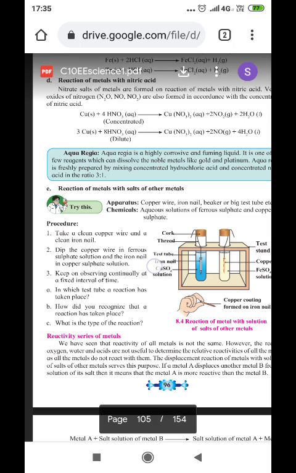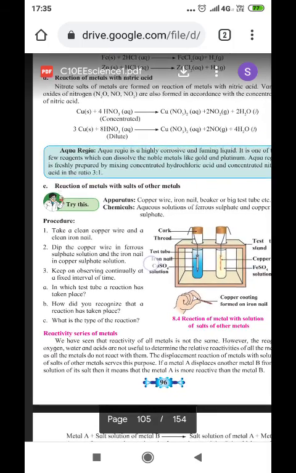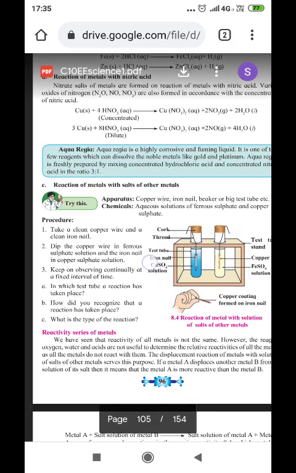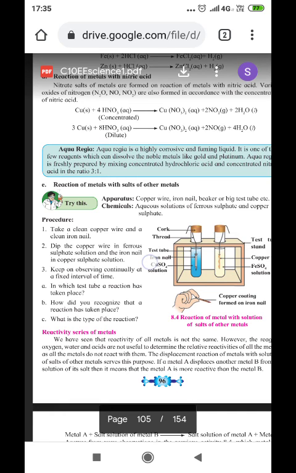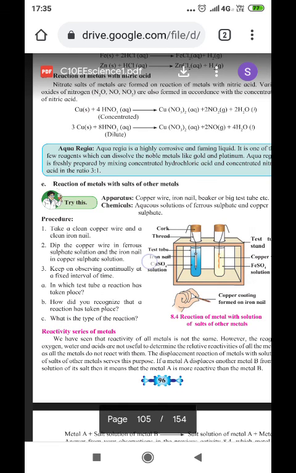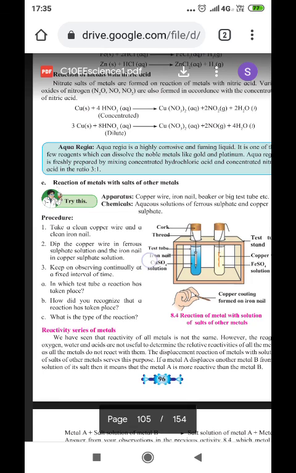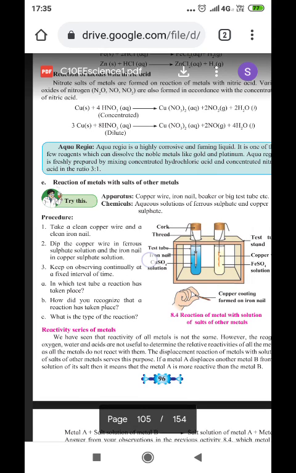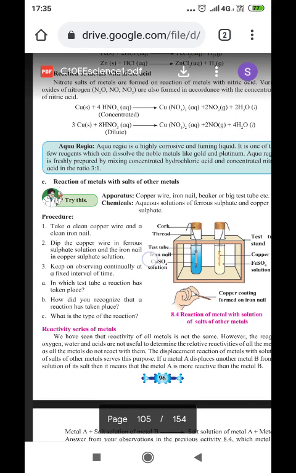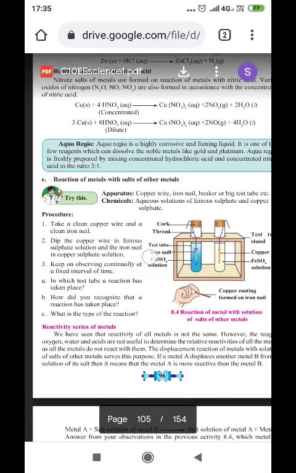Copper reacts with nitric acid to form copper nitrate, nitrogen dioxide, and water. If it is concentrated, it implies pure acid. Dilute implies water is mixed with the acid. So copper reacts with dilute nitric acid to form copper nitrate, nitrogen oxide, and water.